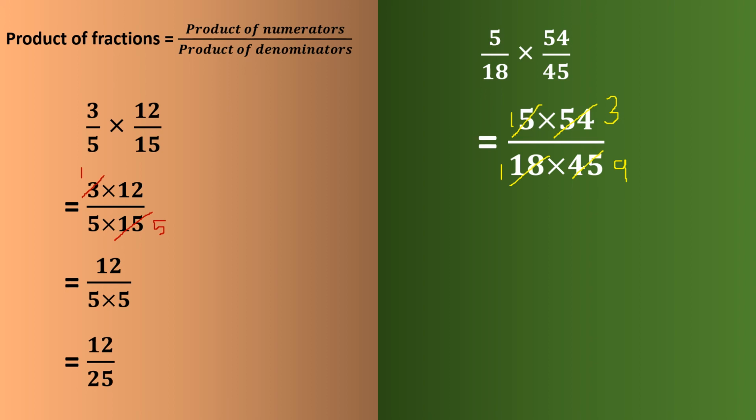Now we will just multiply: 1 threes are 3 and 1 nines are 9. So here 3 by 9. Now we can simplify this 3 by 9 by dividing by 3. So 3 ones are 3 and 3 threes are 9. It means 1 by 3 is our final answer.